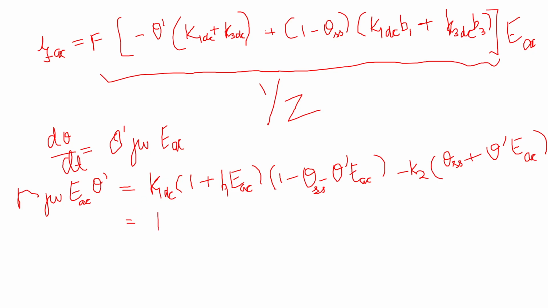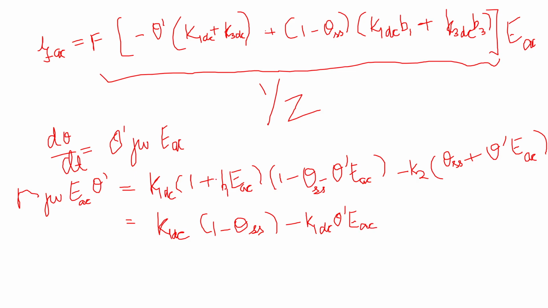So how do I get that? It will be nothing but K1 dc, I am multiplying that with 1 minus theta ss. That's the first term, right? K1 dc into 1 into 1 minus theta ss. The next term will be K1 dc into 1 into minus theta dash EAC. Now what will be the next one?